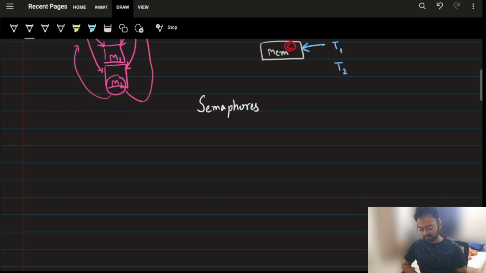You have a shared resource, let's say it could be memory or it could be storage. But at a time, only a certain number of threads are allowed to access it, not all. This process is known as a semaphore.